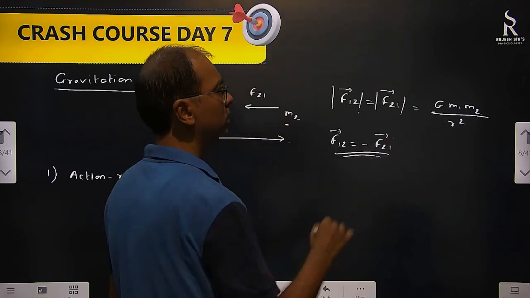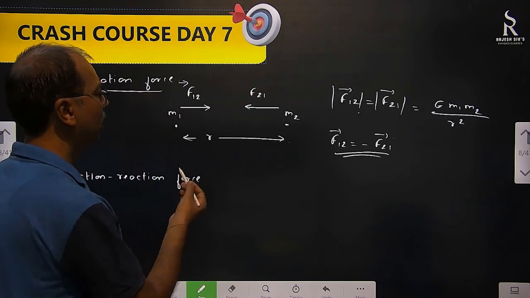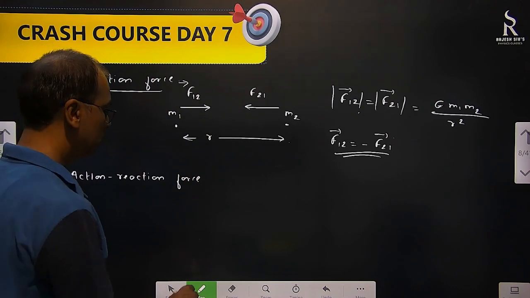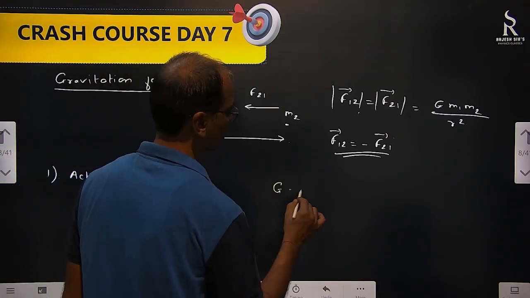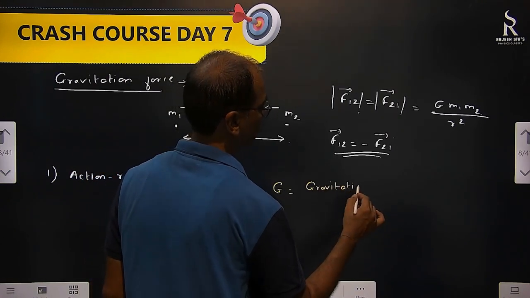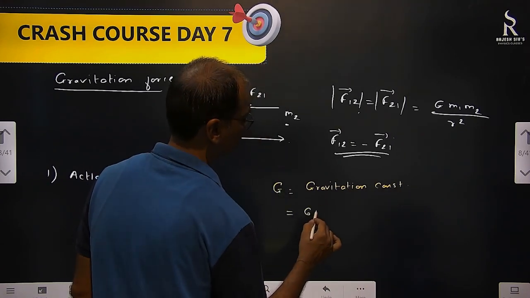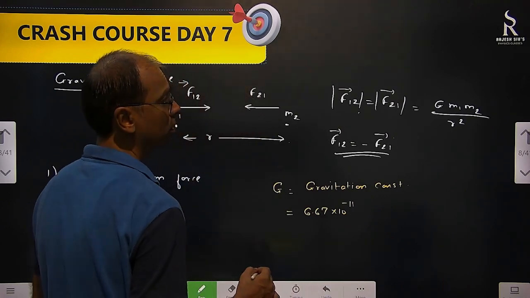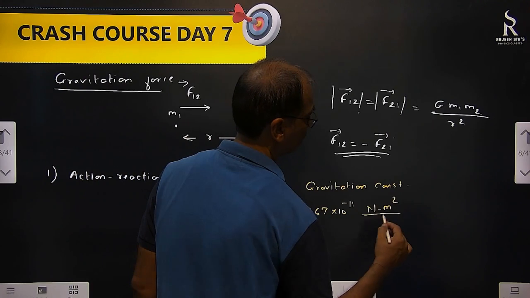Now in this relation, we all know G is the gravitation constant, M1 M2 are masses, R is the distance between the two. Its value is 6.67 into 10 to the power minus 11 and its unit is Newton meter square per kg square.